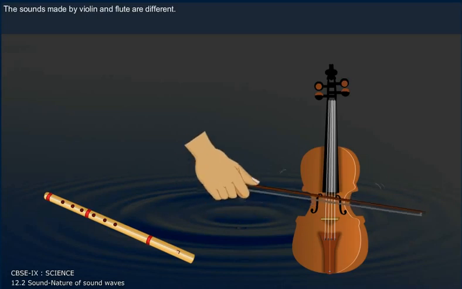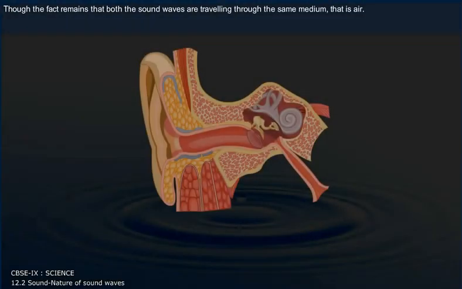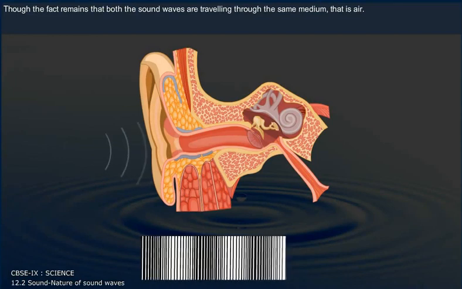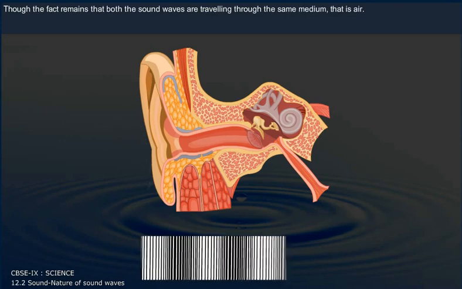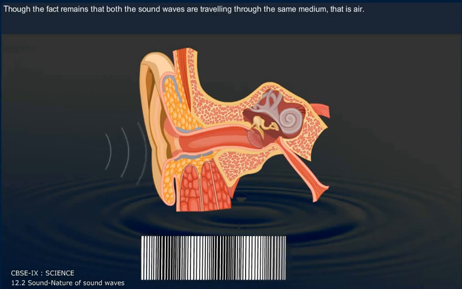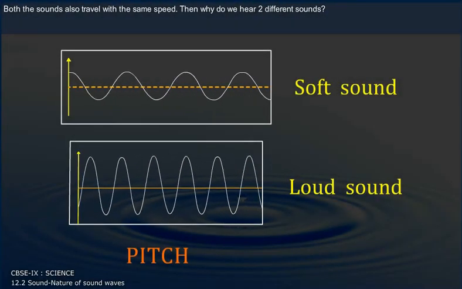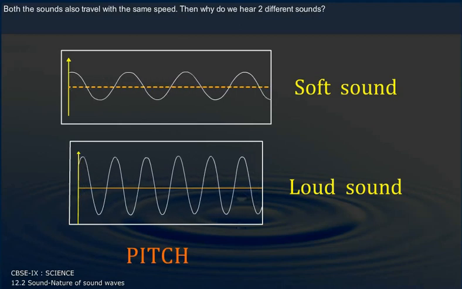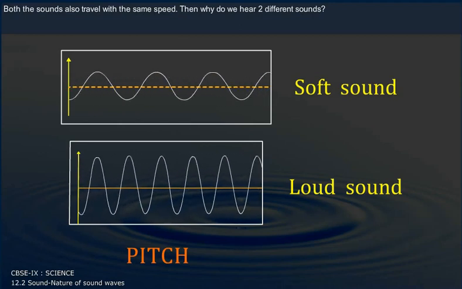The sounds made by a violin and a flute are different, though the fact remains that both the sound waves are traveling through the same medium, that is air. Both the sounds also travel with the same speed. Then why do we hear two different sounds?